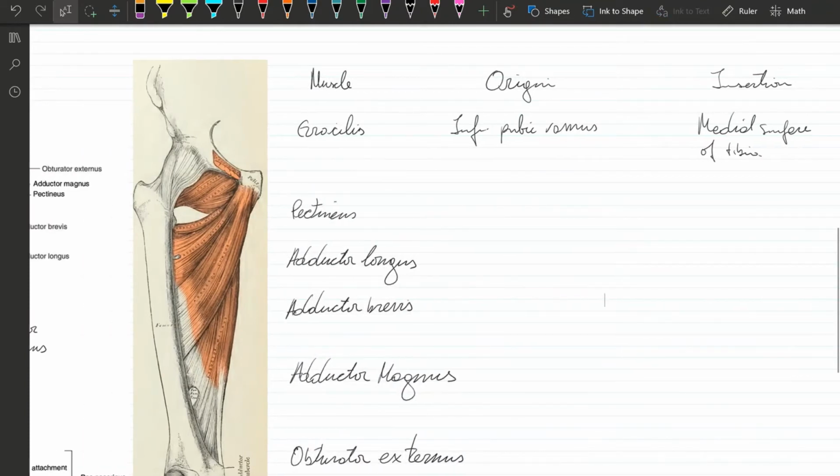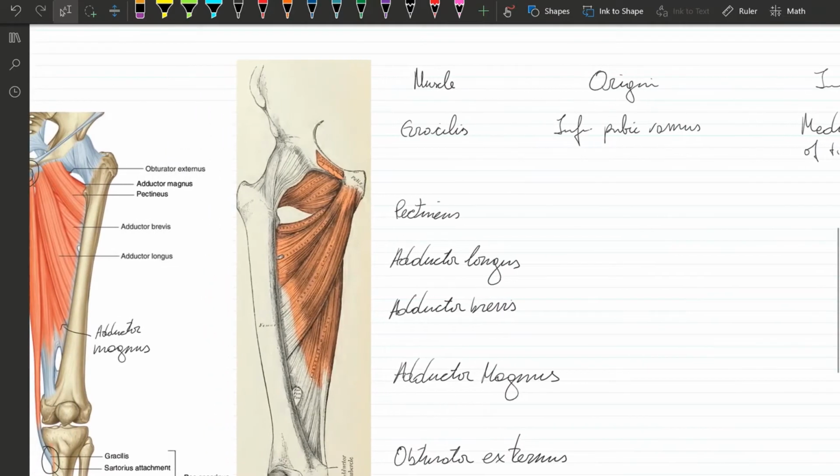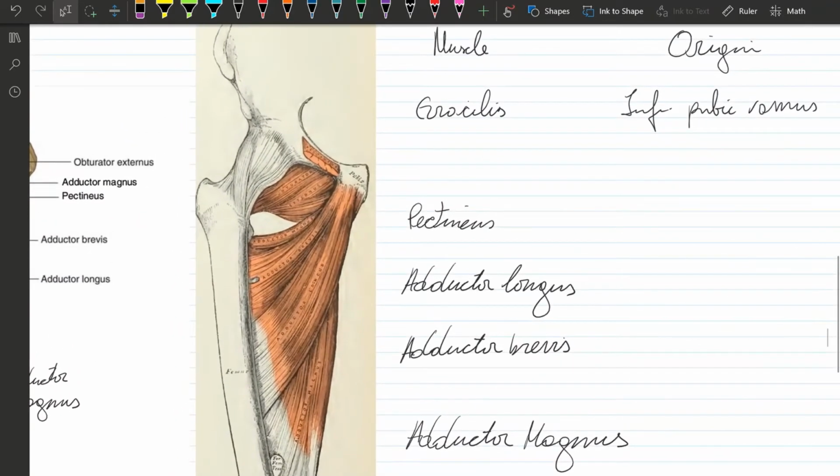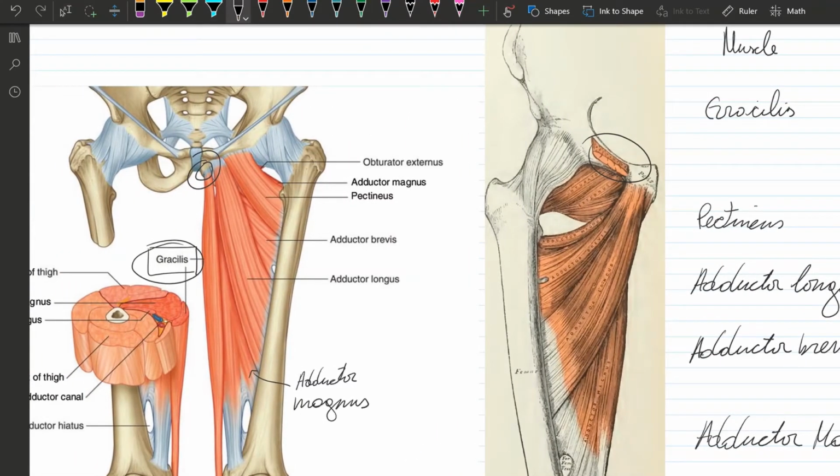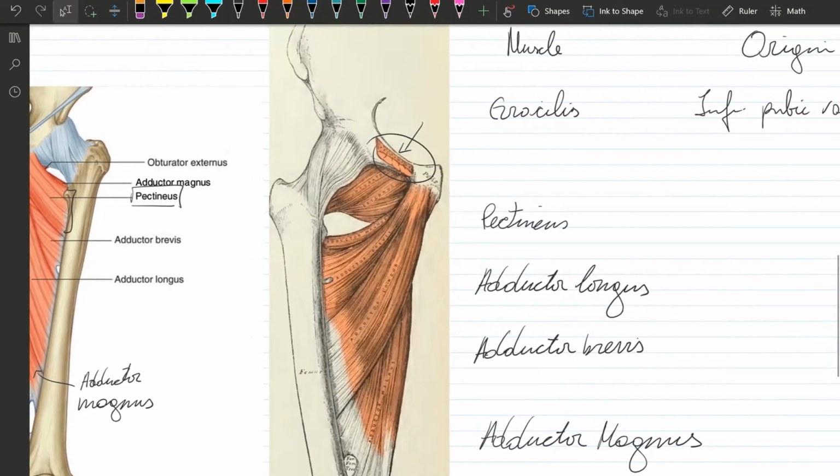The pectineus muscle, if we take a look at this image, is located right here, which is cut right there. But this is a good image because it shows its origin very clearly. We can see the insertion located right around this area.